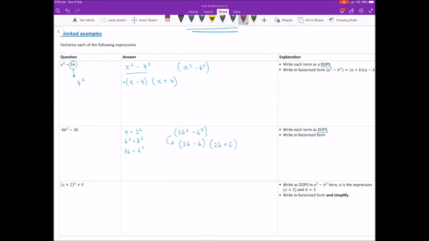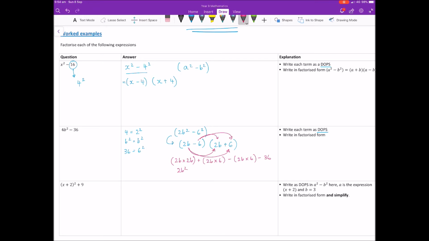And just to prove that it does work, and this is why we're doing it, I'm just going to quickly expand this again. So expanding this, I get 2b times 2b, and then 2b times 6, then minus 2b times 6, minus 6 times 6, so that's 36.